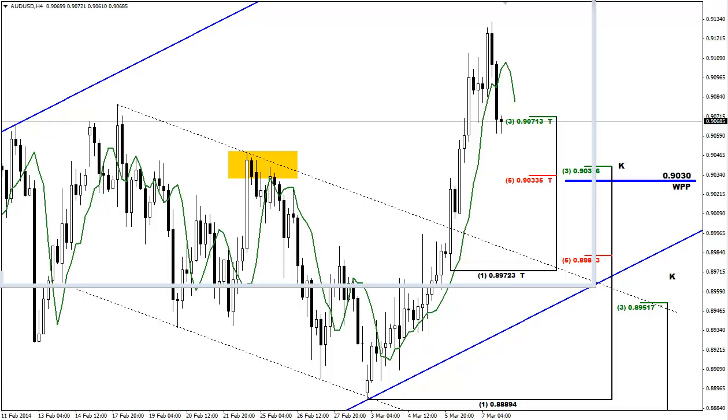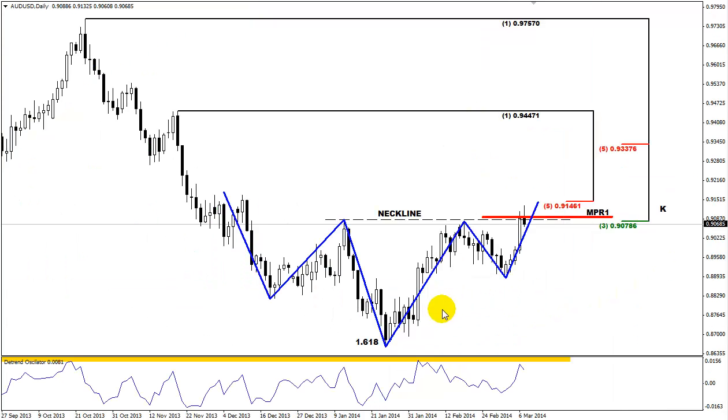Let's come back to the daily time frame, and we can see here that we have this ABCD pattern in blue, and the market has not quite reached the minor 618 extension of this pattern that stands exactly here. By just a few pips the market has not tested it, and usually the market does not leave behind important targets like this.